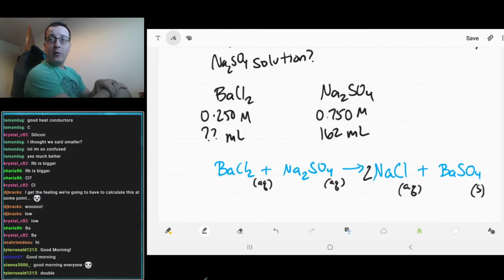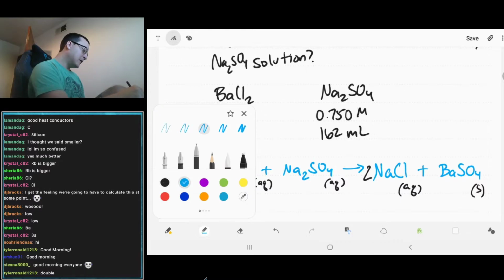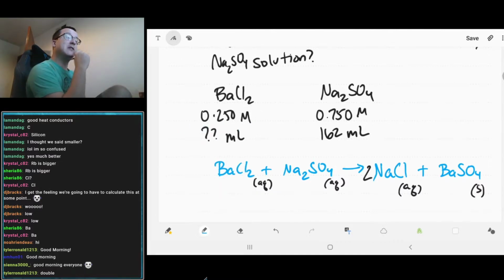So, we always want to start with the one that we have the most information about. So, we always want to look at the quantities we have and evaluate, can we get moles somehow from the information that we're given about these substances. About barium chloride, we cannot get moles for that directly. All we have is a molarity, which does not tell us moles directly.